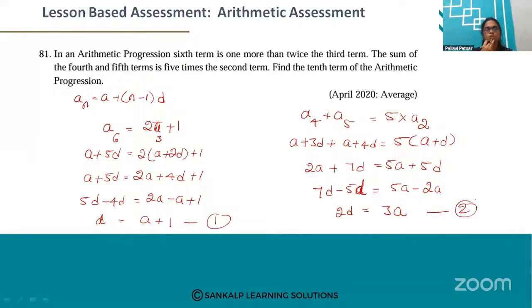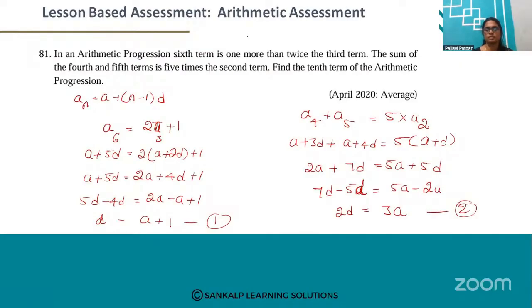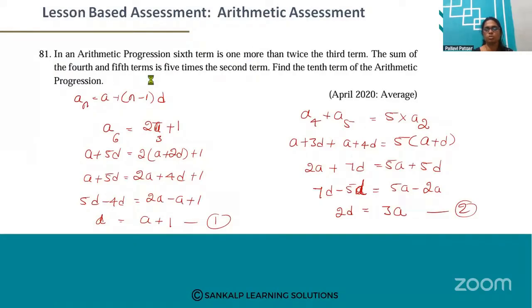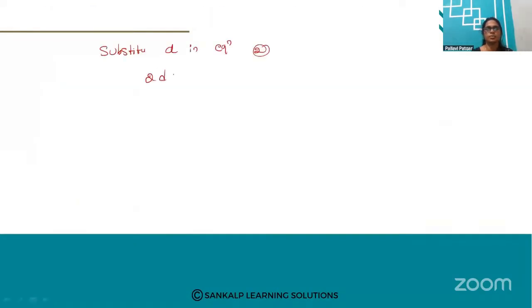So substitute D in equation 2. So here equation 2 is 2D is equal to 3A. So D is equal to A plus 1, so 2 into A plus 1 is equal to 3A.